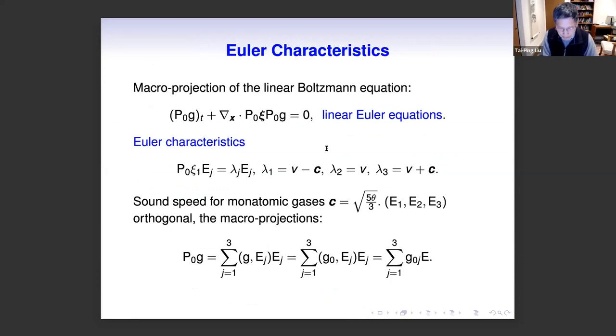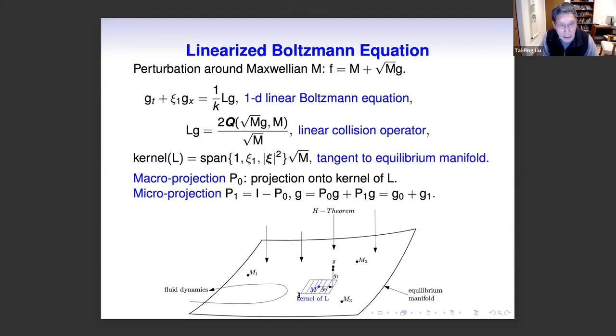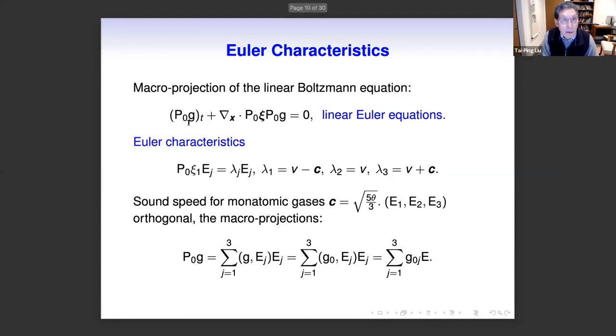With the H theorem, we understand why we would do that. Now, the linear Euler equation would be the projection of the linear Boltzmann equation on this plane, the kernel of L. And so this is what is said here. You make a macro projection P0, which projects to that tangent space. And then you project also the flux introduced by this convection term.